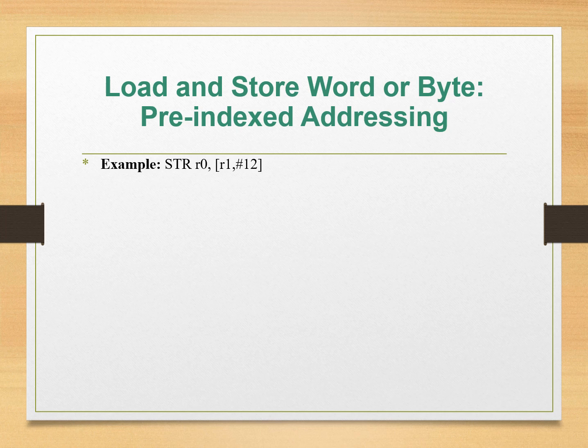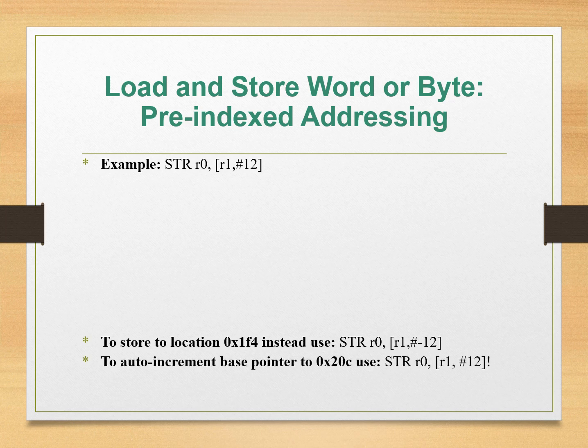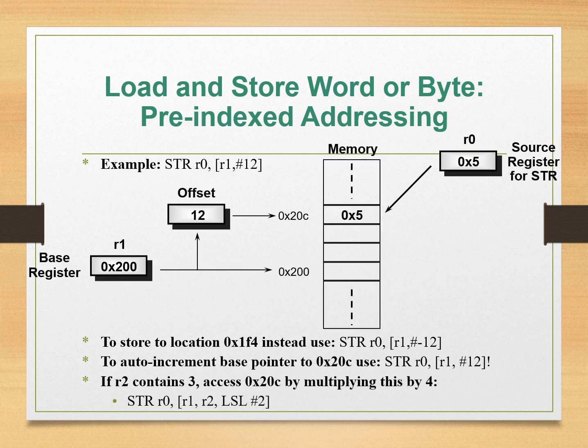Is it base 10, 12? Okay, we have R1, the content of R1 is 200. And then we have the offset. If we calculate from 200, with the offset incremented by 12, we get 200C.